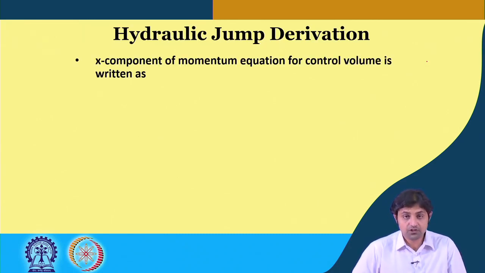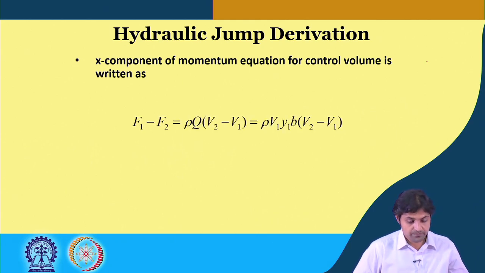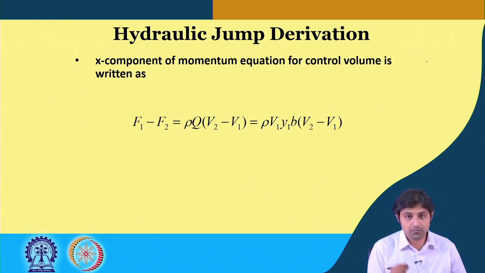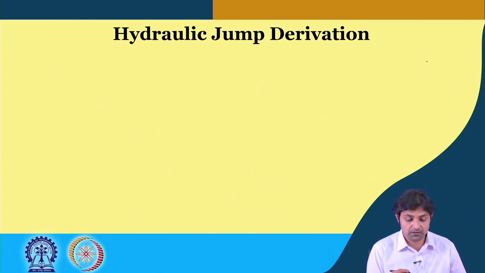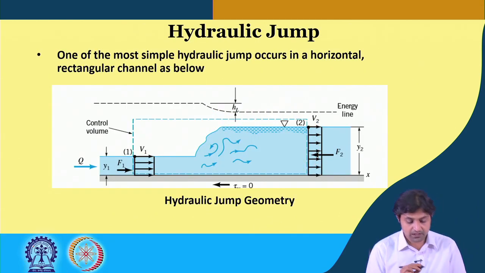So, we have seen what the control volume is. The x component of the momentum equation for the control volume is written as F1 minus F2, the difference in the hydrostatic pressure forces, equals rho Q into V2 minus V1. We go back to our original diagram to see what exactly we are talking about.